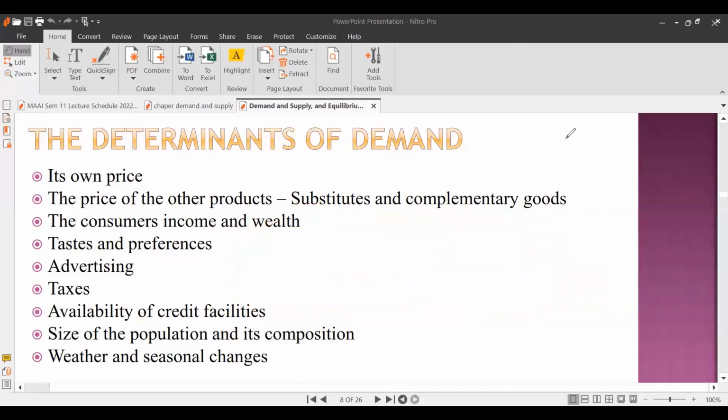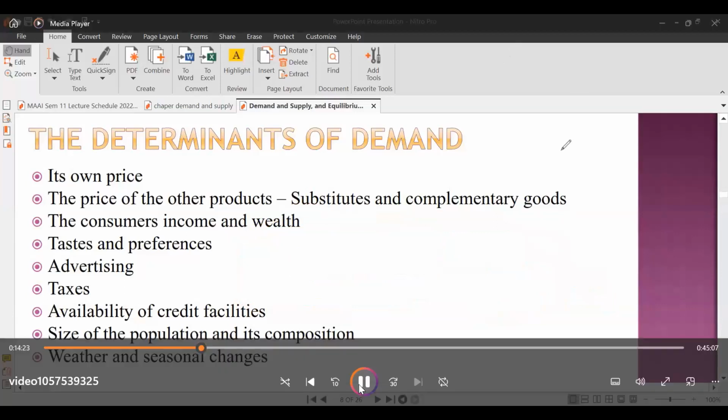Then the other factor is consumers' income. If you have more income, sometimes you will have more demand for a particular good, but not for other goods. There may be cheap goods, luxury goods, goods like that.